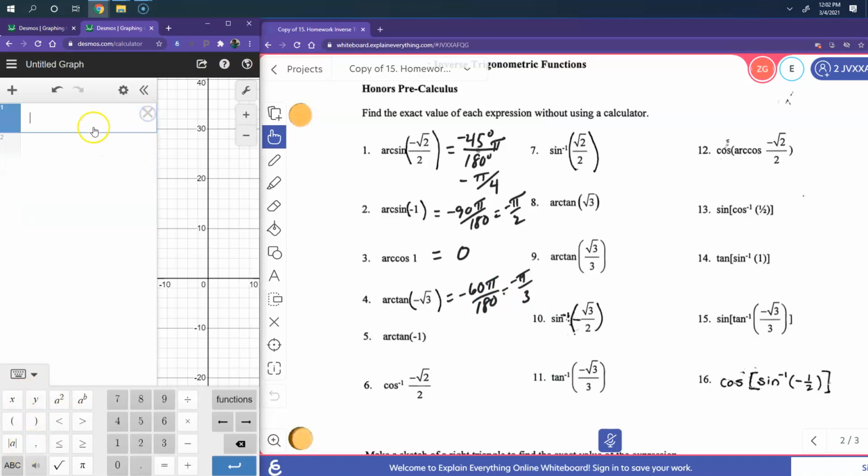For number 5, you're going to find the arctangent of negative 1, which comes out to negative 45. So it's equal to negative 45 over 180 times pi. So that's going to give you negative pi over 4.